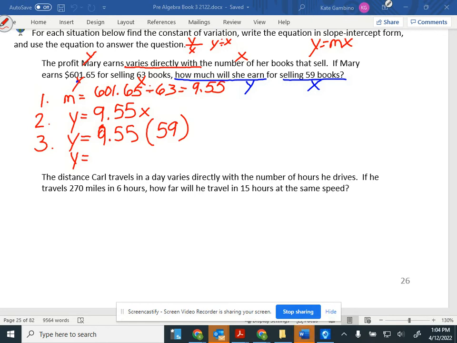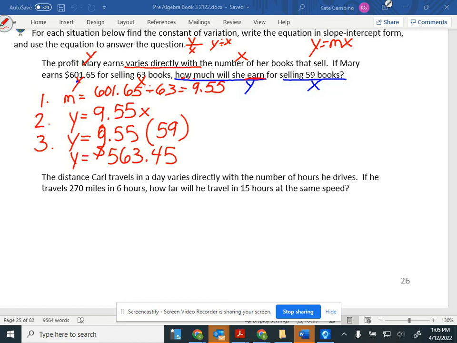I have to multiply them. 9.55 times 59. What is $9.55 times 59, Paul? 563.45. What label do I put on that? Dollars. Because how much will she earn? She is going to earn $563.45.